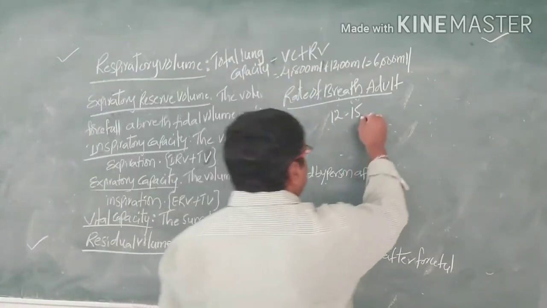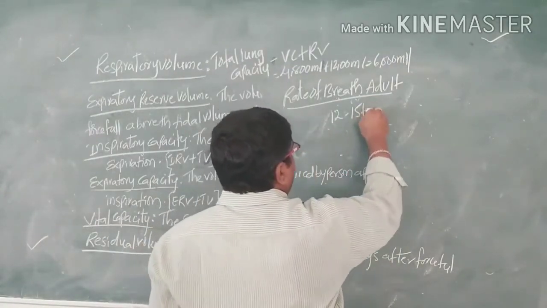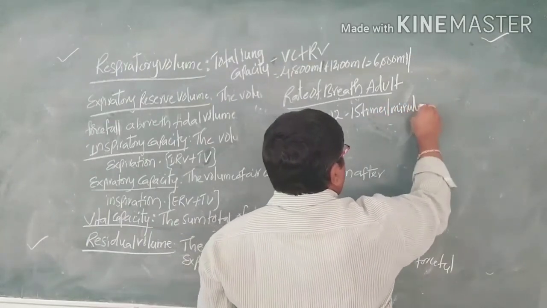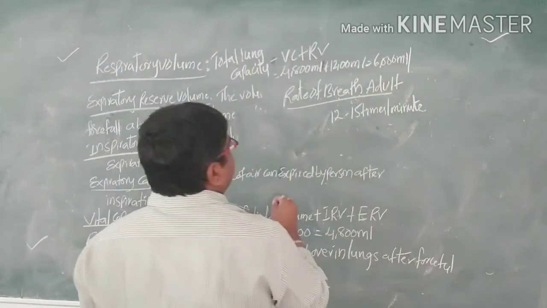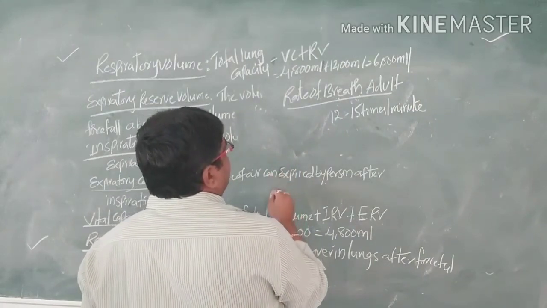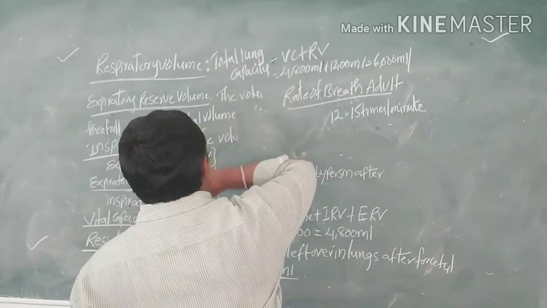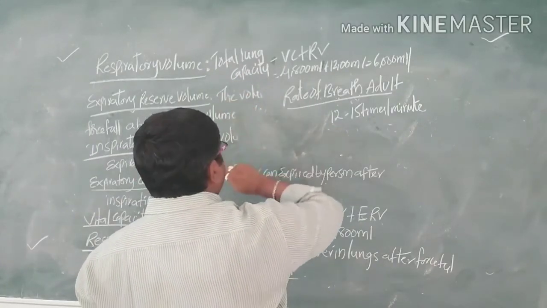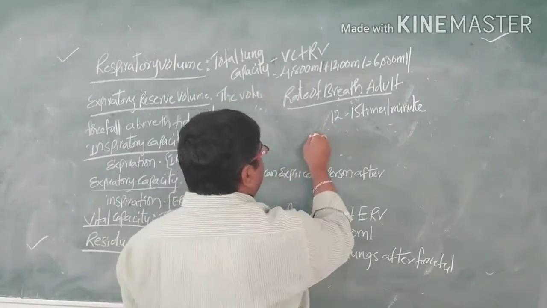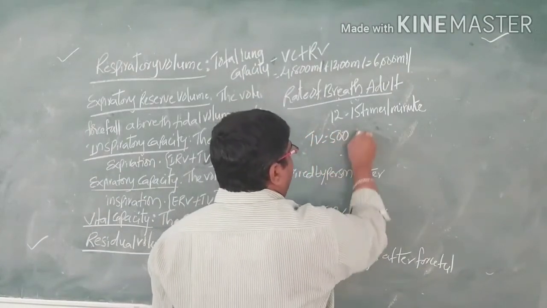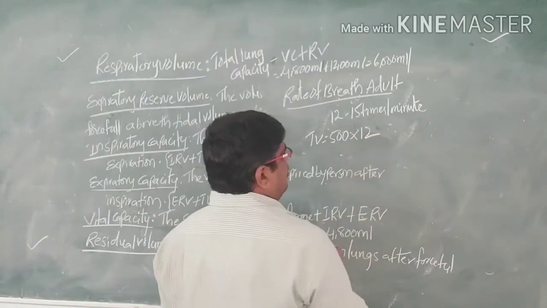If we calculate the amount, the 500 ml is the tidal volume of normal breathing, 500 into 12 times, averagely.